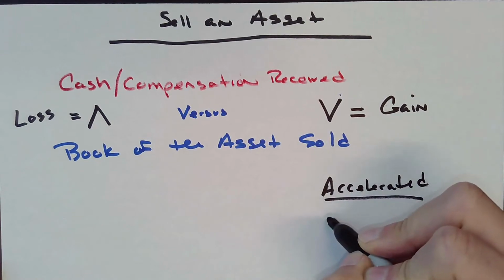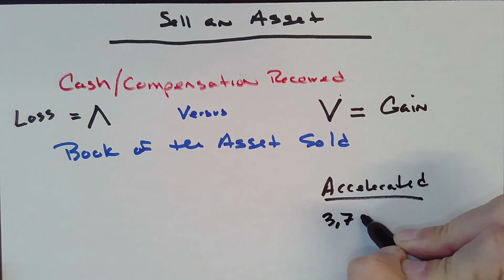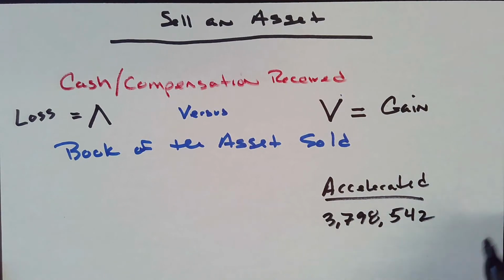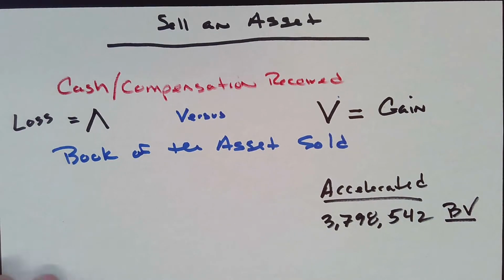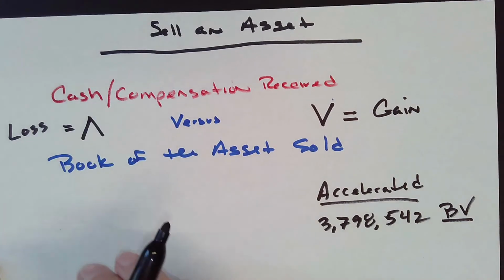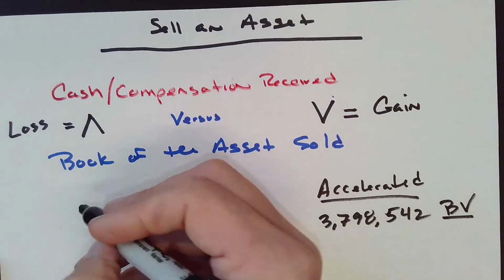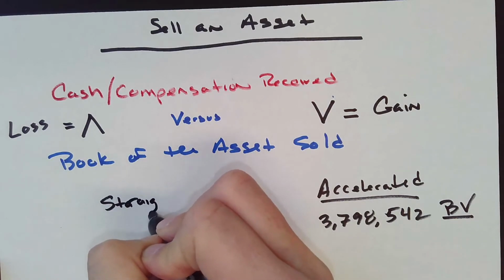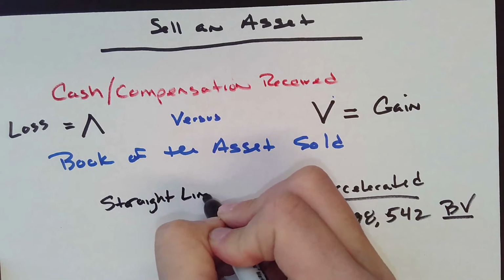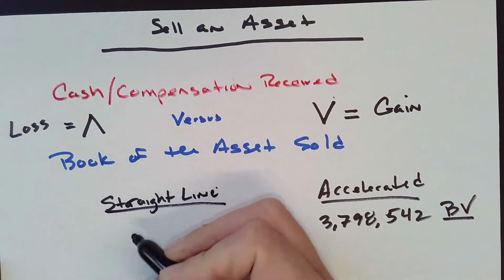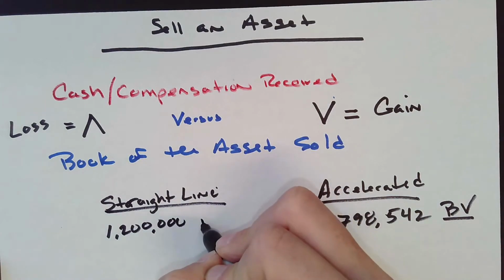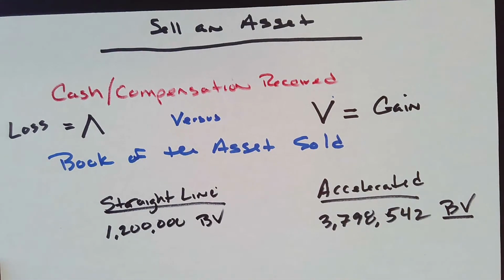For the accelerated method, I had 3,798,542 as the book value. I'm going to abbreviate that BV. For the straight line, we know what the ending book value was because it's equal to the residual value, so we know it was 1.2 million book value.